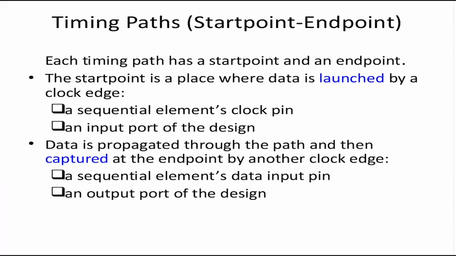Data is propagated through the combinational path and then captured at another clock edge. So now we are talking about setup, the max timing constraint. Let's not worry about hold.